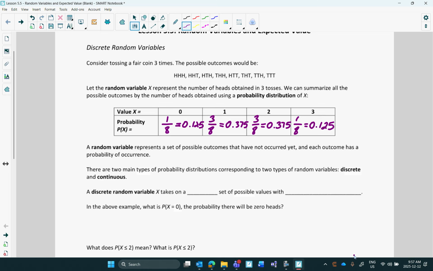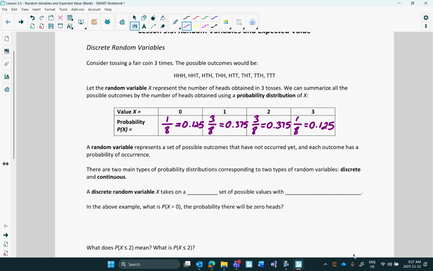Okay? So the definition of a random variable: it's a set of possible outcomes that haven't occurred yet. And each of those outcomes, however we define the random variable, has a certain probability of happening. You know, like, what else could I do?